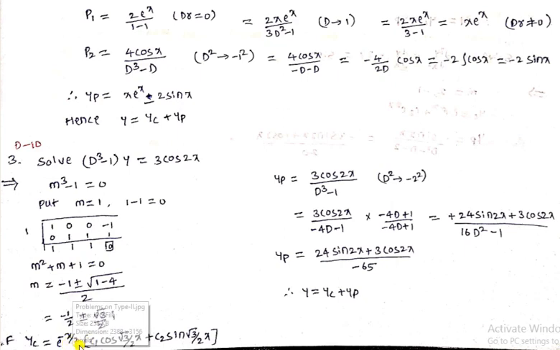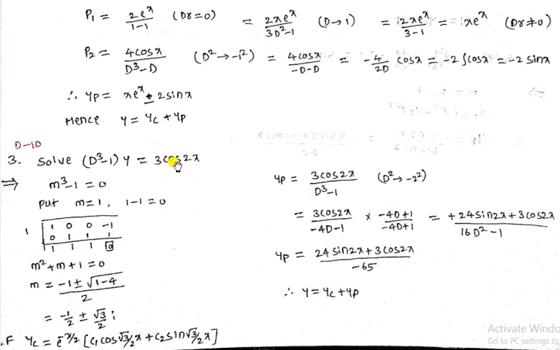So e to the power minus x by 2 (c1 cos square root of 3 by 2 x plus c2 sin square root of 3 divided by 2 x) plus c3 e to the power x. So here you have to add the result.